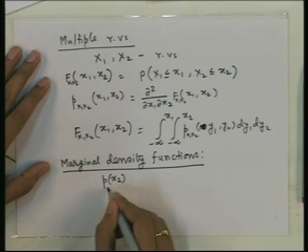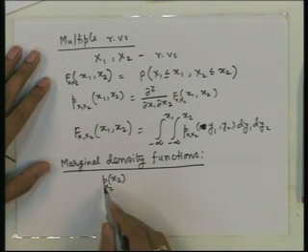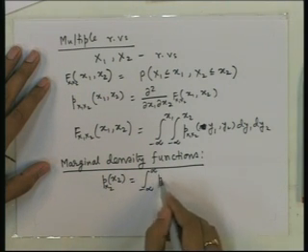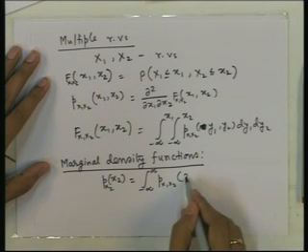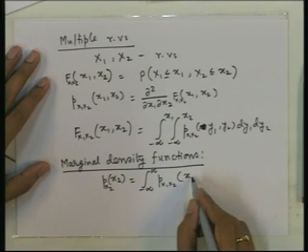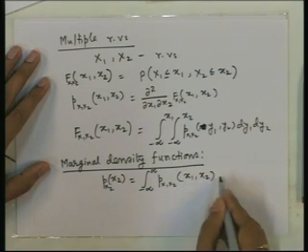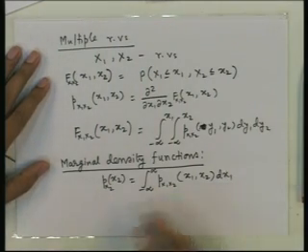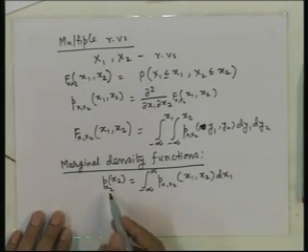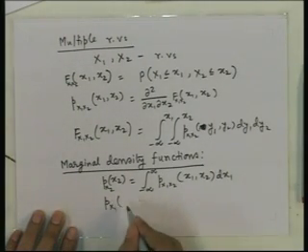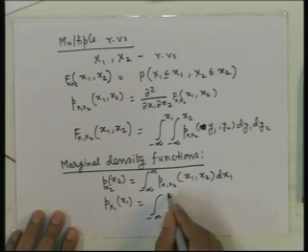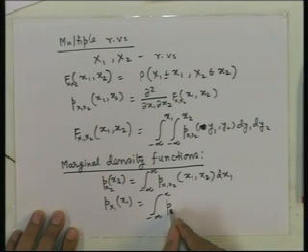Px2 of x2, the marginal density function of x2, is the integral from minus infinity to infinity of p x1 x2 dx1. If you integrate with respect to x1, then you get the marginal density function of x2. Similarly, you can get the marginal density function of x1 by integrating the joint density function with respect to x2.